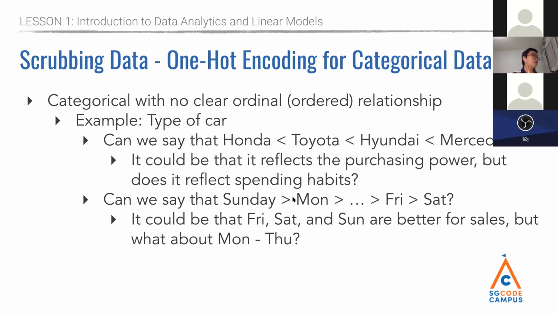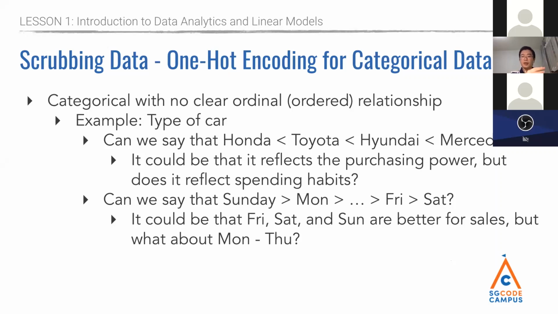Before we talk about one-hot encoding, we have to decide one thing: do we need one-hot encoding? Some categorical data have an ordinal relationship in nature. Say months, January, February, March. You can represent them using 1, 2, 3, 4, 5 because they are ordinal in nature.